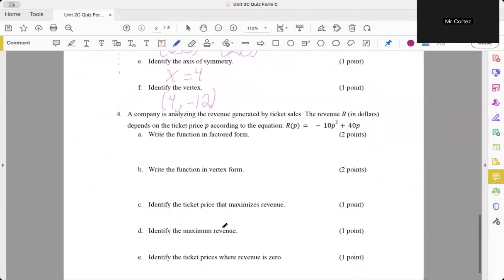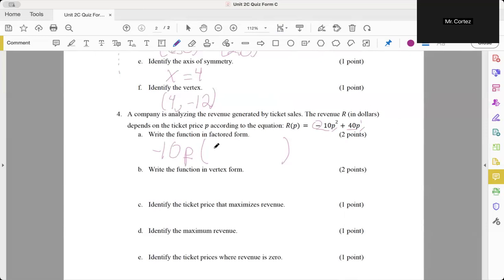Here, a little wordy, but the main song and dance is factor and see what x-intercepts you're working with. Noticing you have a 10 here and a 40 here. This is negative, so I'm feeling pretty confident that taking out a negative 10 is a good move. And what else could be taken out? What do you think? Hopefully you're saying that they both have variables, so you can take out the lowest version, which in this case is just p to the first power.